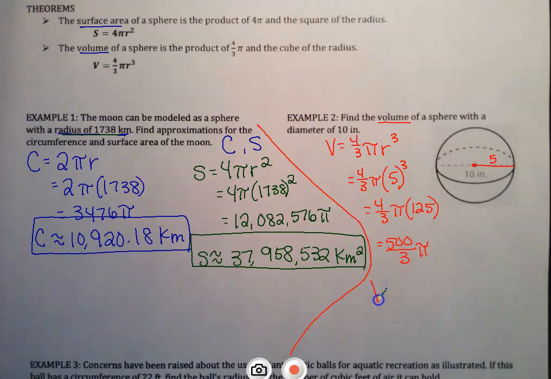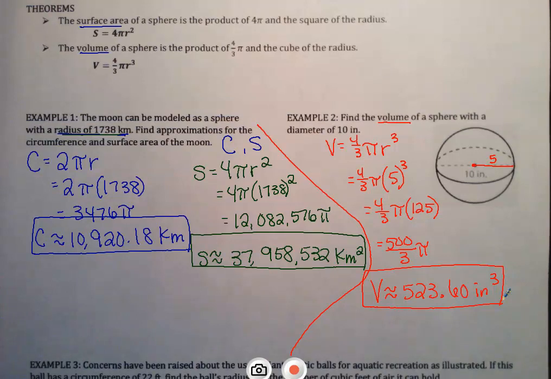You could put that in and get out the approximation for our volume is 523.60 inches cubed, since it's volume. After we've been doing the spheres and the pyramids and the cones and all the complex formulas, I hope you see these formulas look complex, but they're actually really simple for you to plug in the values and solve. Hopefully you're seeing that.